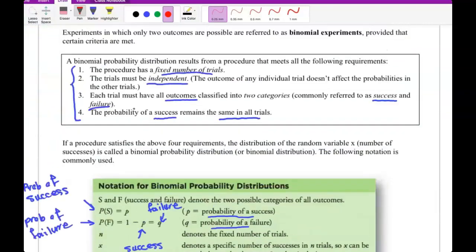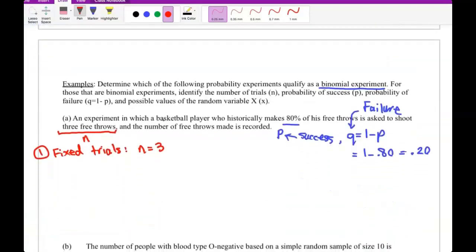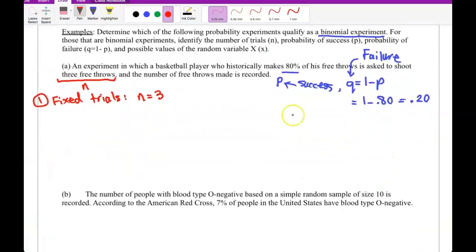Then second step, you should have independent trials. I want to see if we have independence. He's trying the first, and then the second and the third one. So all these are independent of each other.